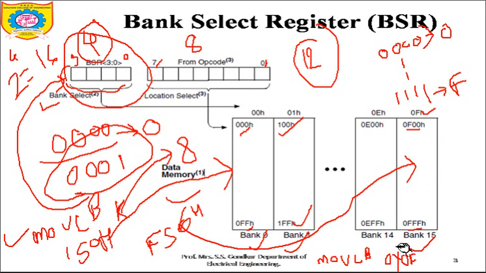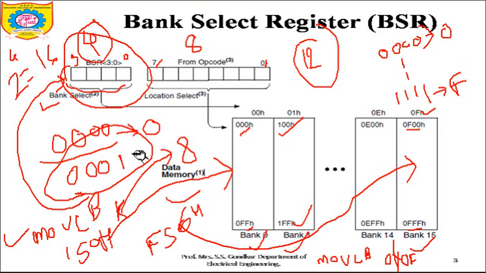Here you can see only the lower 4 bits are used, whereas the upper 4 bits are cleared to 0. So the above instruction will load 0FH into the BSR and will select the bank number F. This value will be loaded into the bank select here, and then it will accordingly select the appropriate bank.